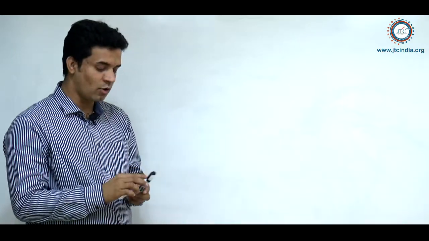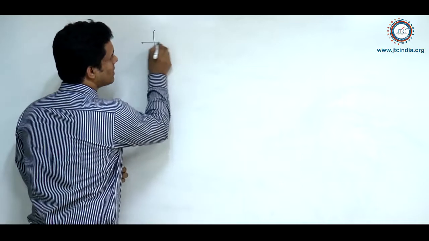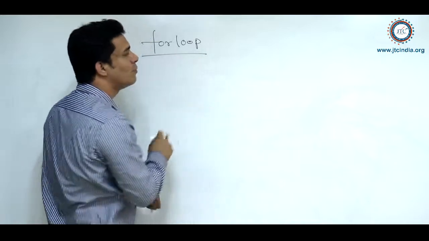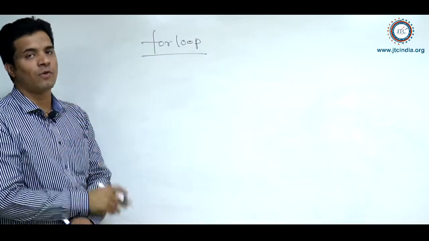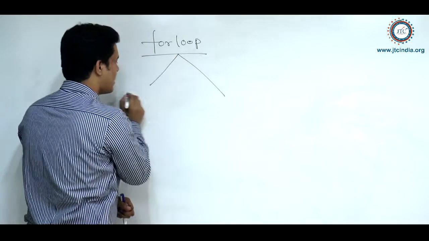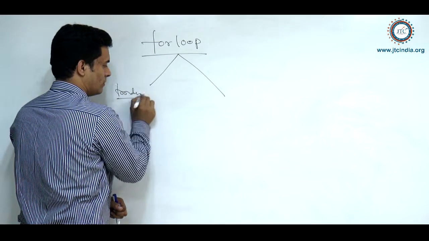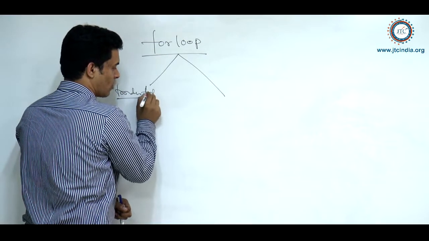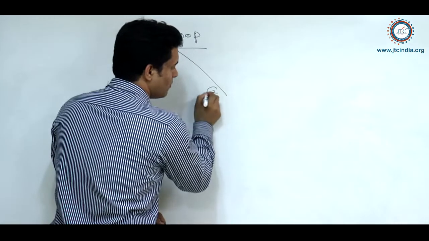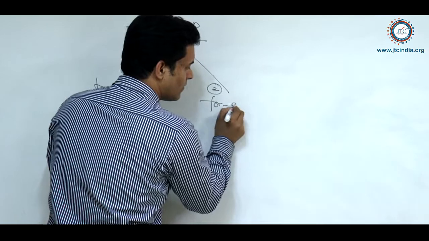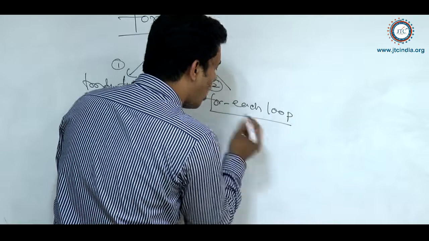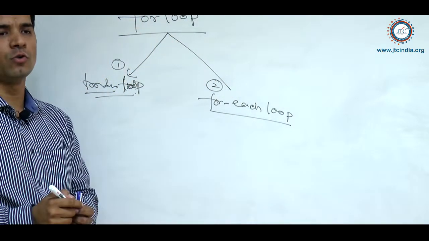See, two things of the for loop I'm going to discuss. In the for loop, there are mainly two types of for loops. The first is the traditional for loop, and the second we can call a for each loop, or an enhanced for loop.